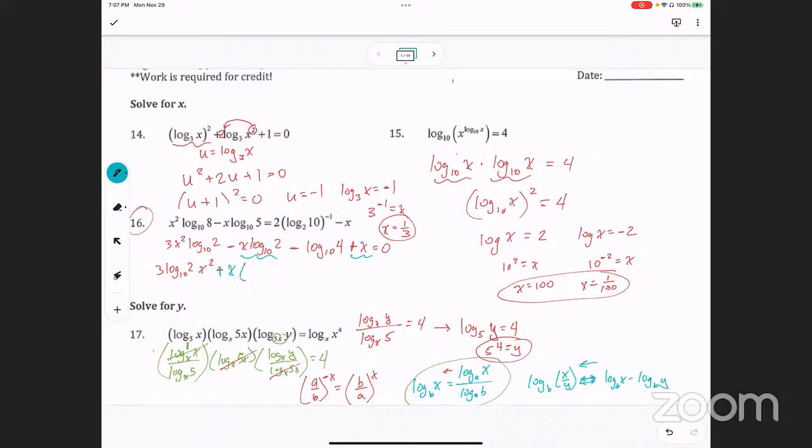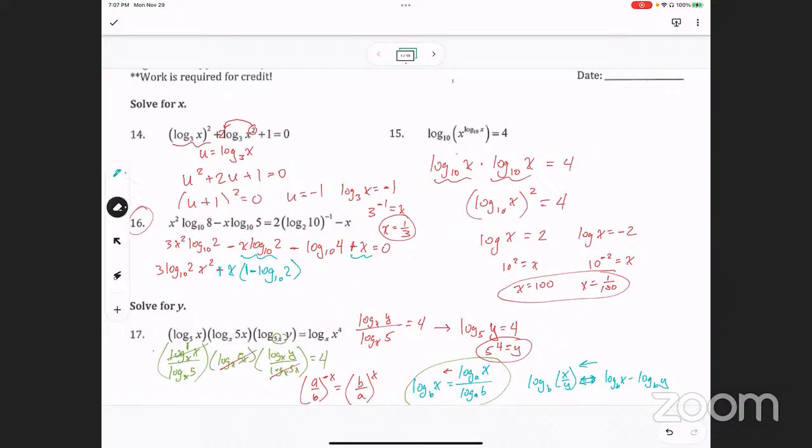If I do that here, I would have negative log base 10 of 2, which is just log of 2, plus 1. So that's really just my coefficient.